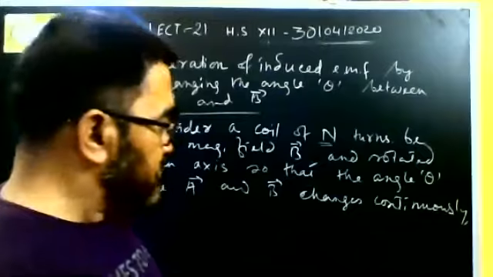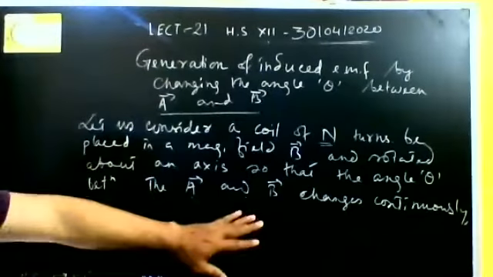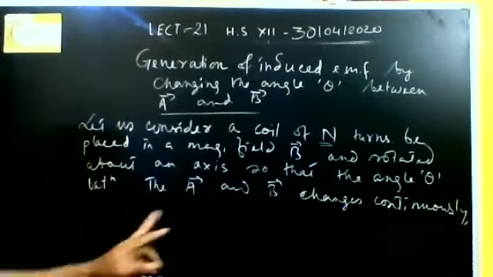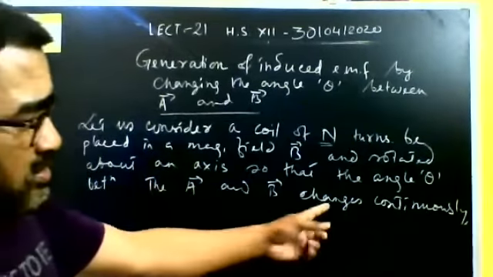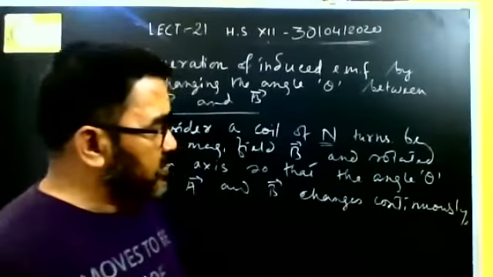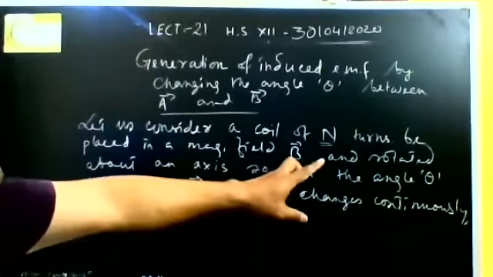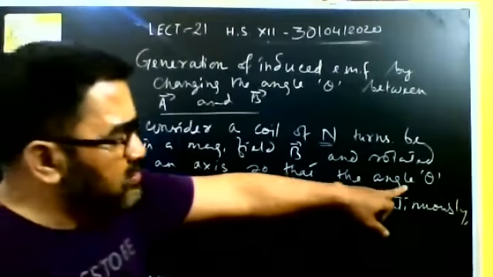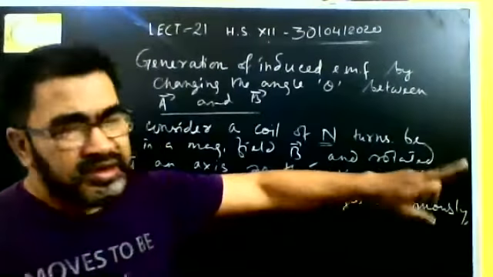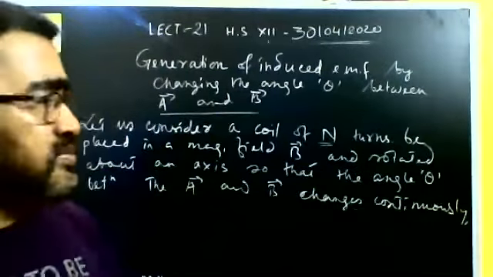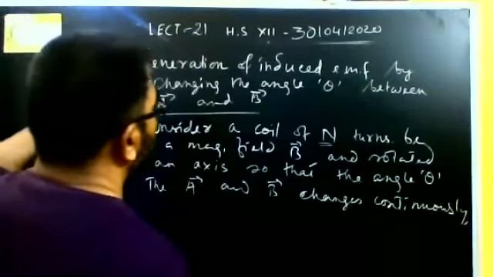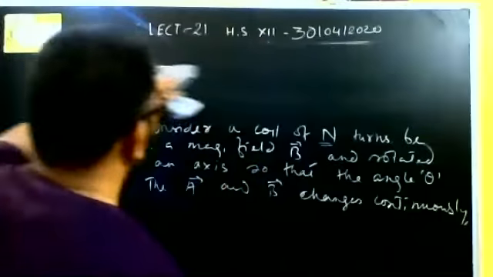Always changes. So there will be some axis and the coil will rotate, so that its value, that is angle theta, always changes with time. Okay, so let us draw the figure.